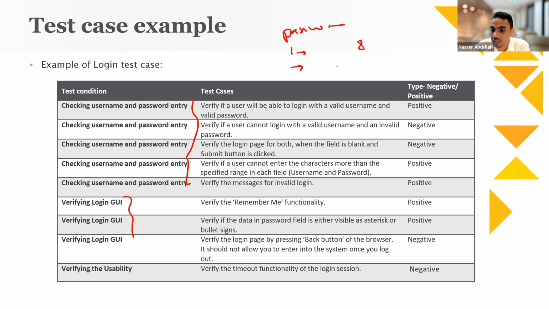The password should include special characters like underscore or hyphen. The password should not include repeated letters. So this is the third one. If you have, for example, 10 requirements for only the password complexity, then at least you will have 20 test cases for these 10 requirements. So we should check each one of these requirements in the positive and negative case.